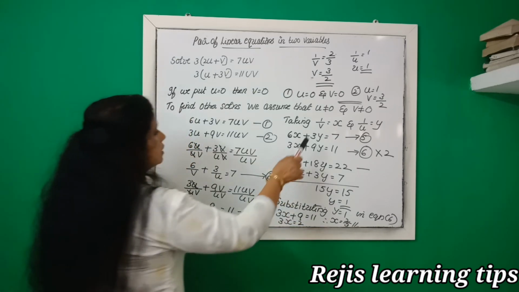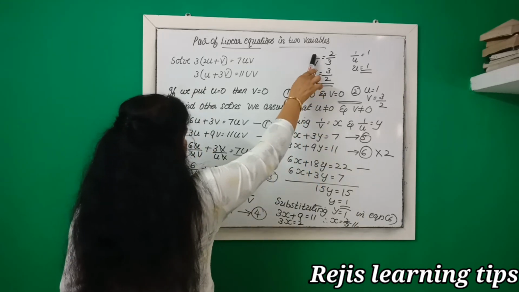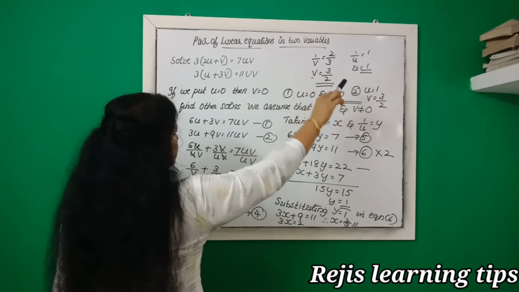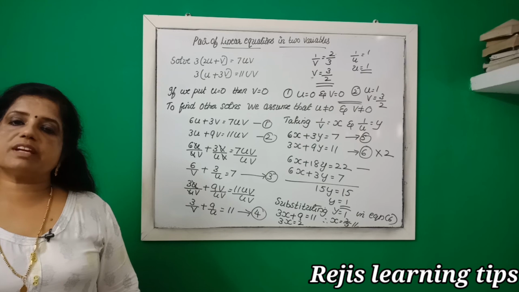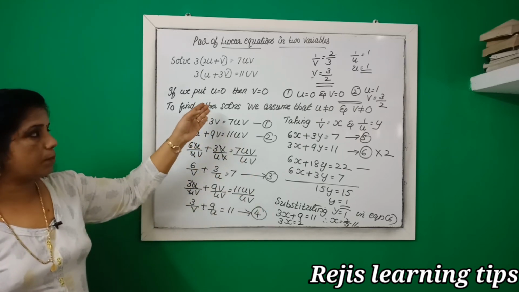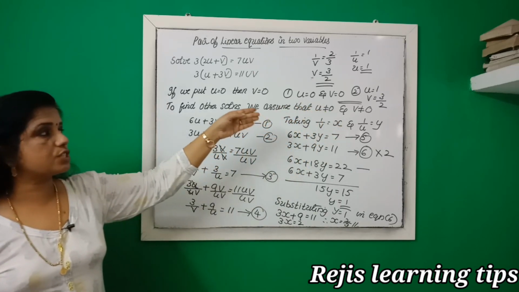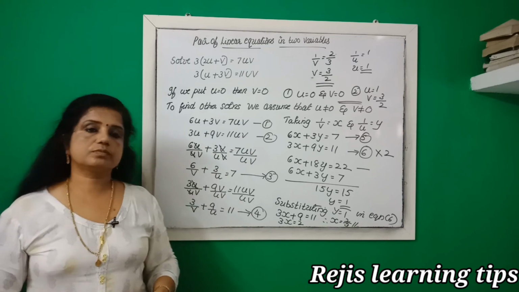Then 1 by v is equal to 2 by 3, so v is equal to 3 by 2, and 1 by u is equal to 1, so u is equal to 1. So the given system of equations has two solutions: u is equal to 0 and v is equal to 0, and another solution u is equal to 1 and v is equal to 3 by 2.